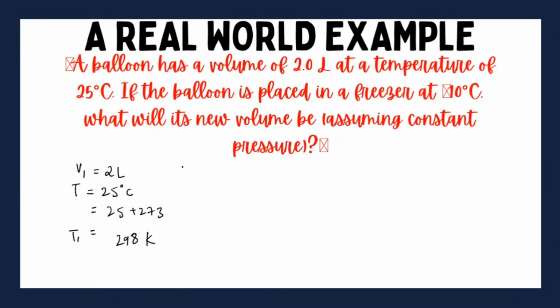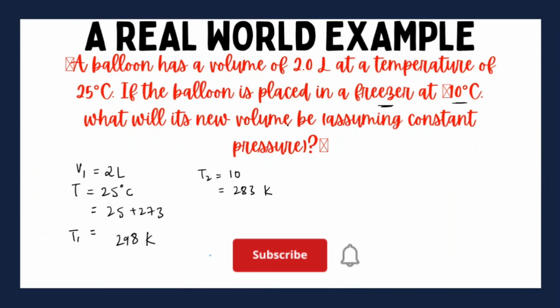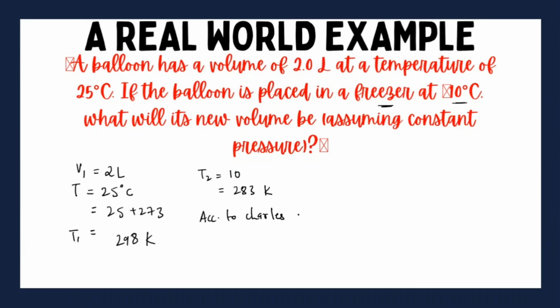If the balloon is placed in the freezer at 10 degrees Celsius, the temperature changes to 10 degrees Celsius now. So I can say it would become 283 Kelvin. What will be its new volume? We are assuming constant pressure. So again, we can simply solve it by applying the Charles' law equation. According to Charles' law, for the same gas at different temperatures, V1 by T1 is equal to V2 by T2.